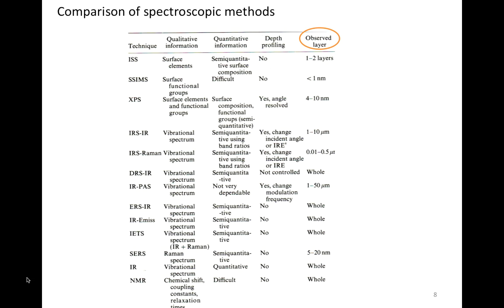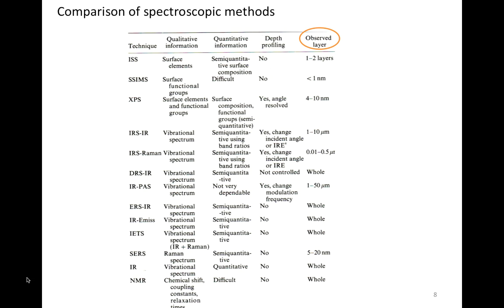So I would say that is surface sensitive. And then we have all these vibrational spectroscopies that I'm not so sure are so surface sensitive, because it goes from 1 to 10 micrometers, more or less, even 1 to 50 micrometers. And some others go into the whole material, into the bulk.